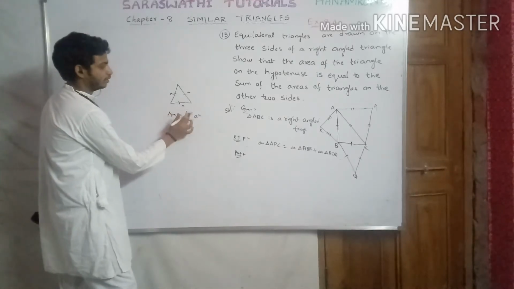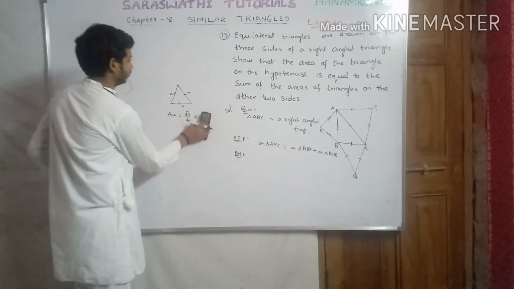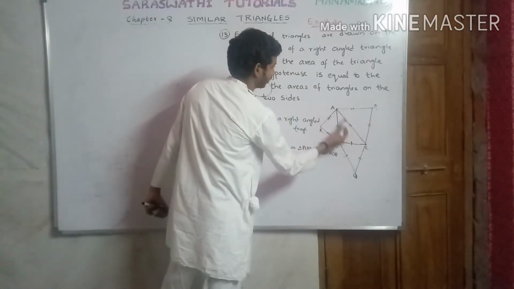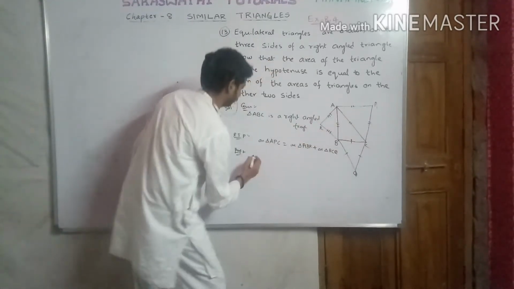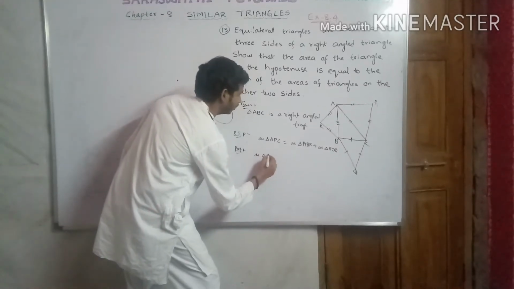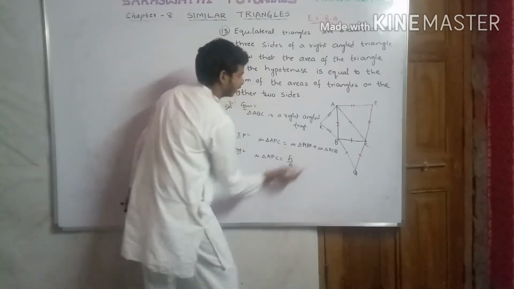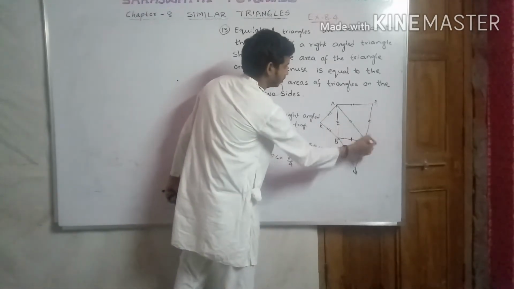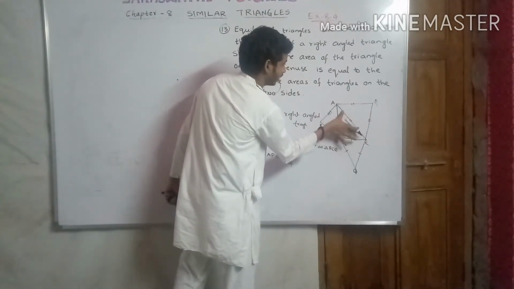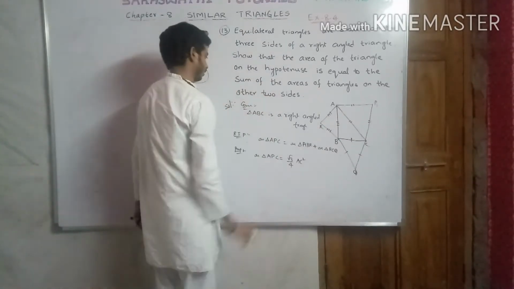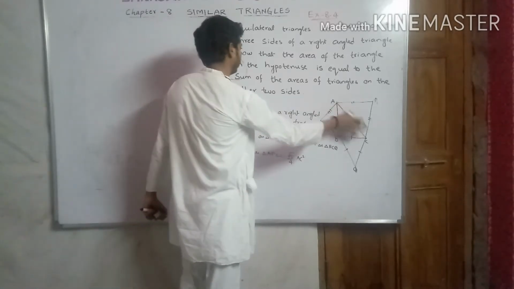So now the area of the triangle formed on side AC, that means area of triangle APC, equals root 3 by 4 AC square, since each side is AC. This is the area of equilateral triangle APC.